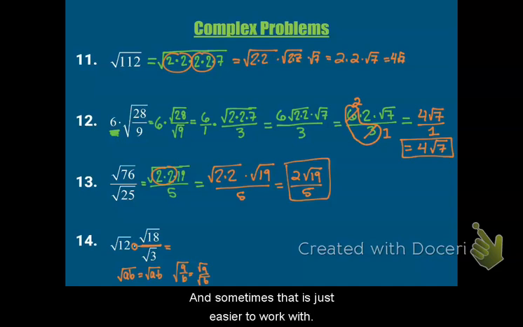And sometimes that is just easier to work with. So I think what I might do for this one is start off with that. So I'm going to do 12 times 18 divided by 3, and I'm going to get 72.